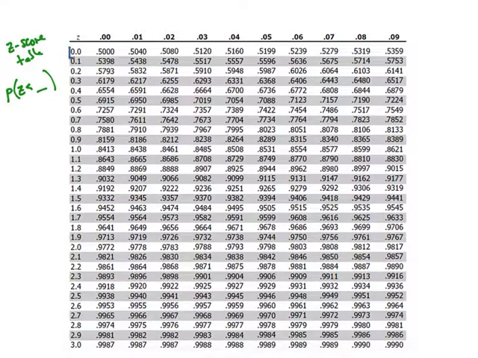If we think about a z-score of 0, this is z equals 0.00, that corresponds to the mean, as we're centered at 0. And that's going to give us that 50%, 0.5 of stuff lies below that value.